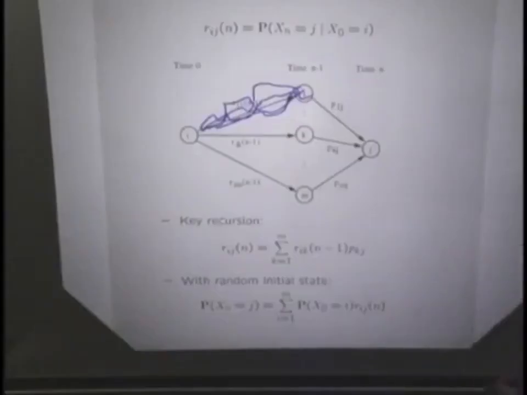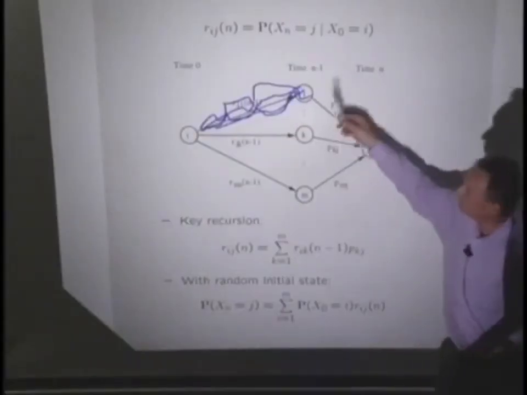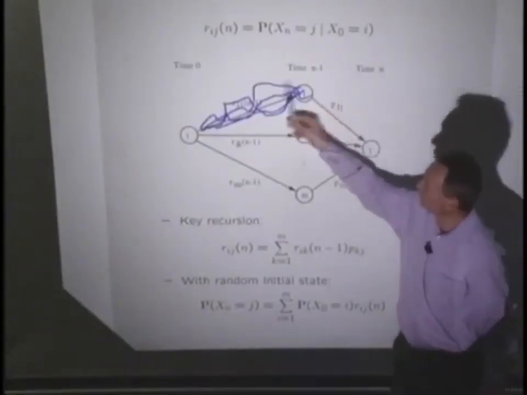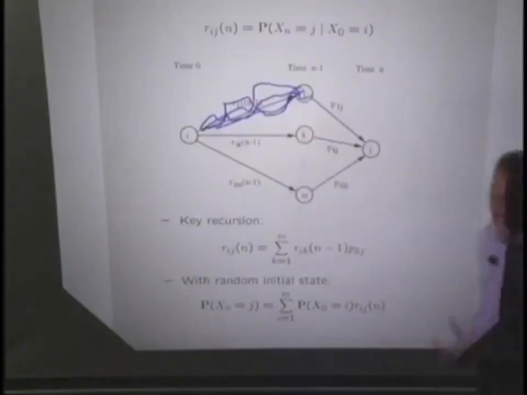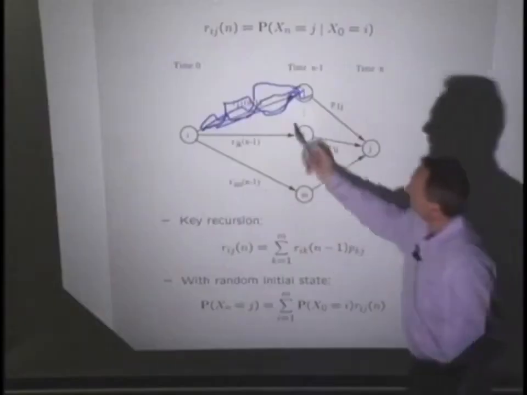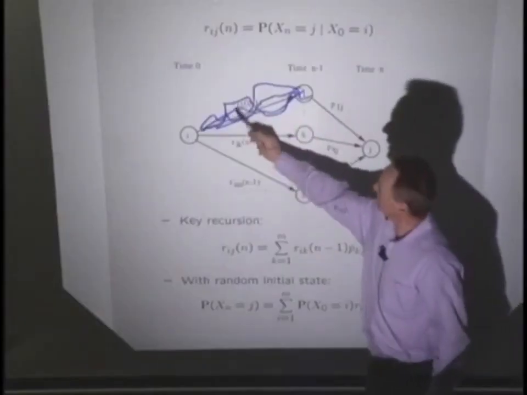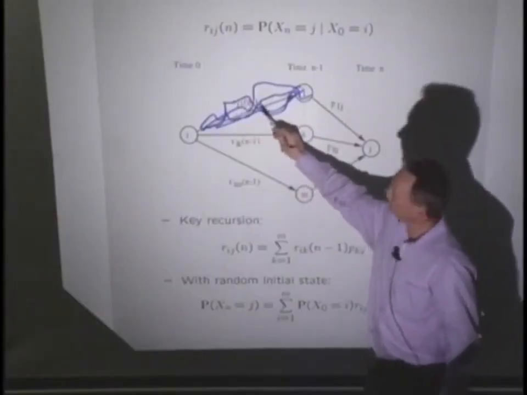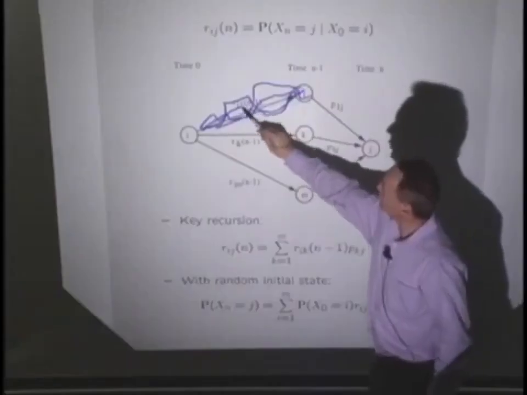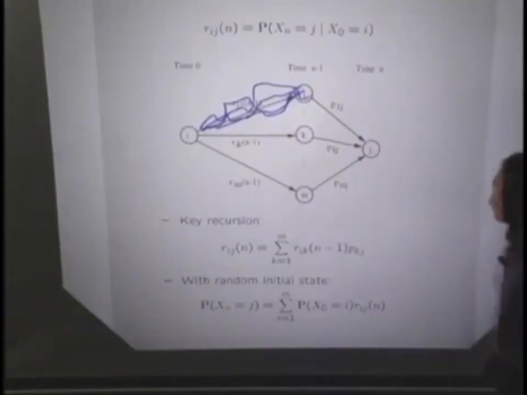In n-1 time steps, there are lots of possible ways by which you could end up at state 1, different paths through the state space. But all of them together, collectively, have a probability, which is the n-1 step transition probability that from state i, you end up at state 1.